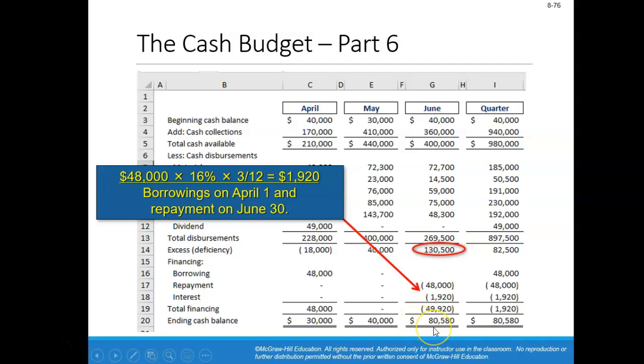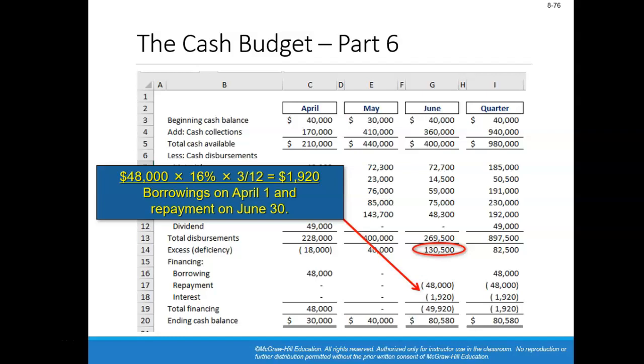So at the end of June, we now have available in cash $80,580. So this ending cash balance of $80,580 for the month of June will become our beginning cash balance for the next quarter.